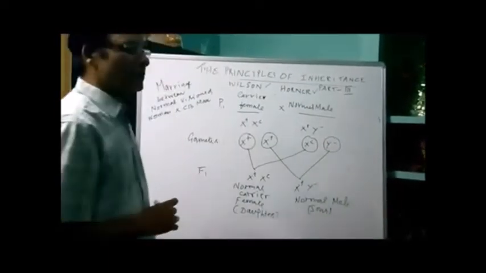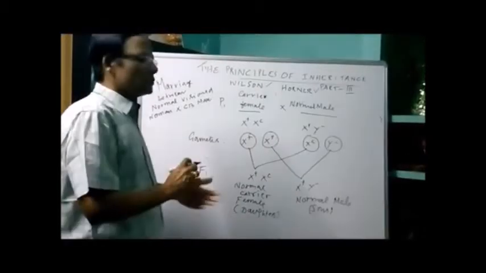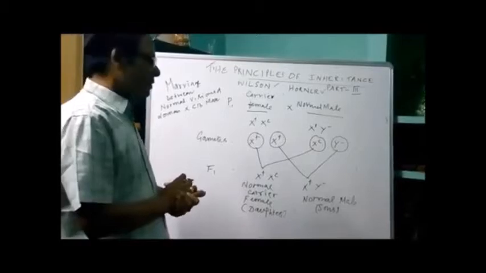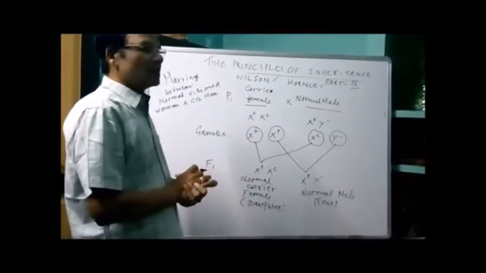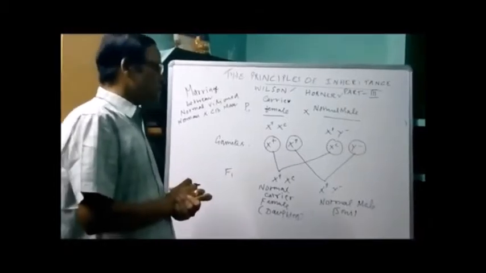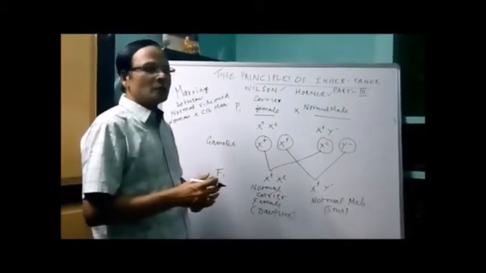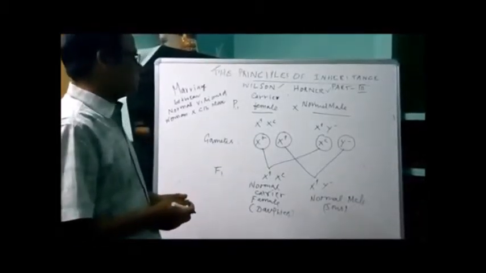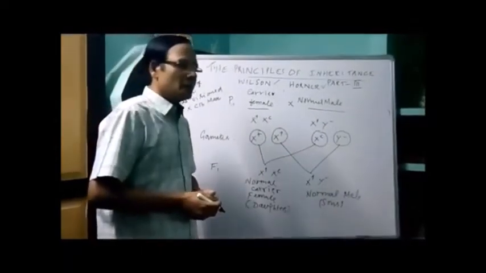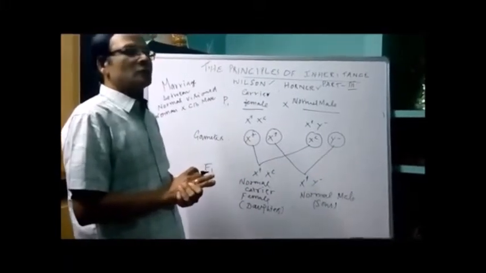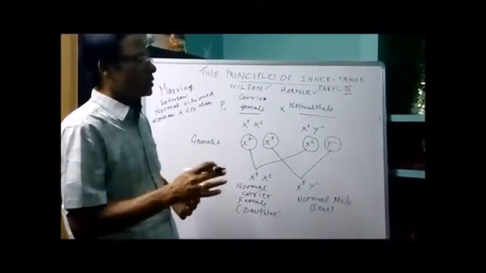Now what is happening? Once the mother is carrier, definitely the next generation, that is what we have in F2. Out of the 4, it follows Mendelian inheritance. And in Mendelian inheritance, what we get in the F2 generation is the phenotype ratio 3:1.